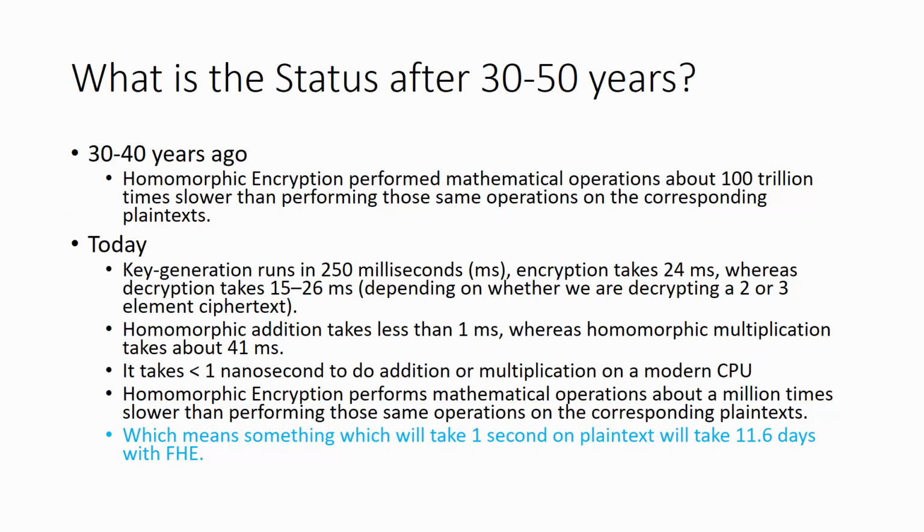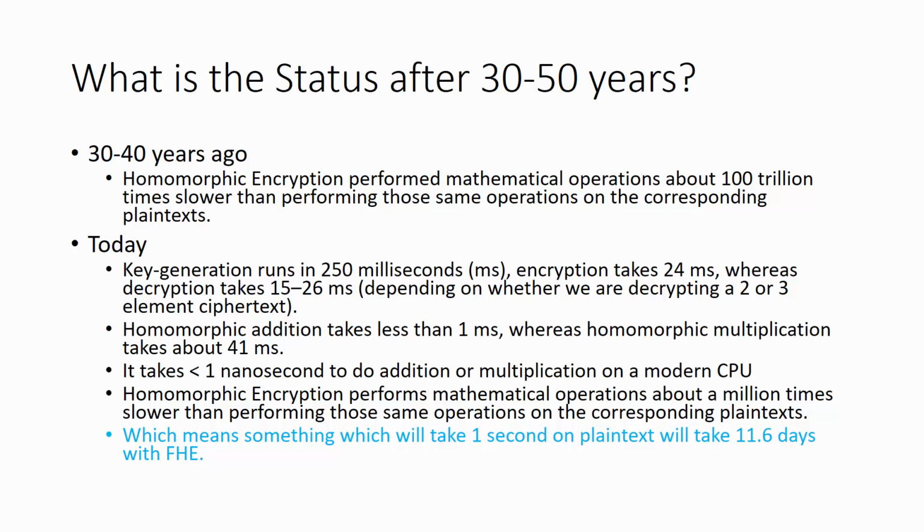But whatever said and done, what is the status of homomorphic encryption after 30, 50 years of research and development? See, 30, 40 years ago, homomorphic encryption performed mathematical operations on encrypted values 100 trillion times slower than performing the same operations on the corresponding unencrypted values. Today, cryptographic key generation runs in 250 milliseconds.